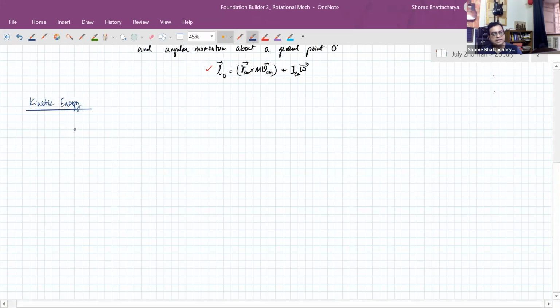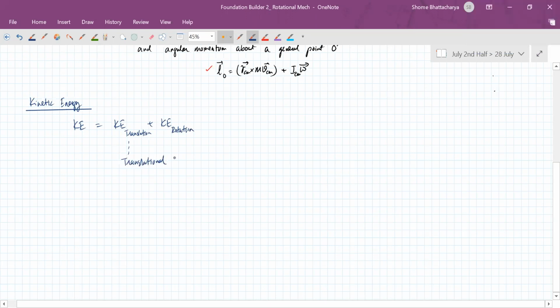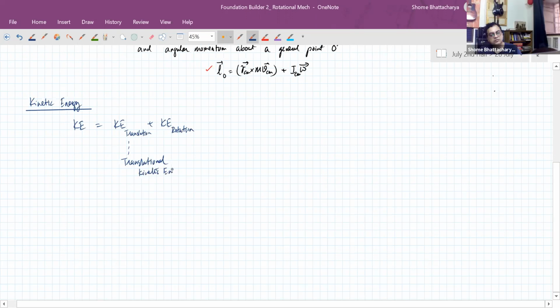So the total kinetic energy here will be the sum of kinetic energy of translation and energy due to rotation. This is called the translational kinetic energy, and this is called the rotational kinetic energy.